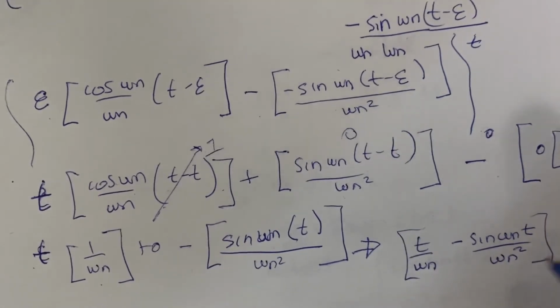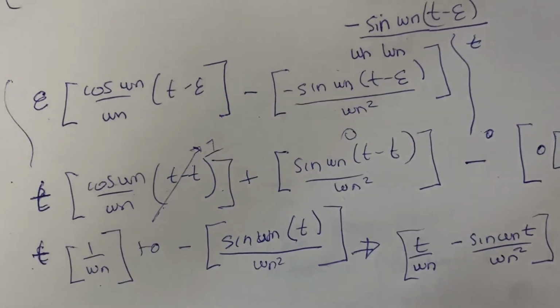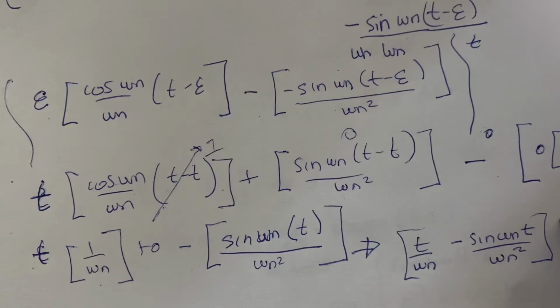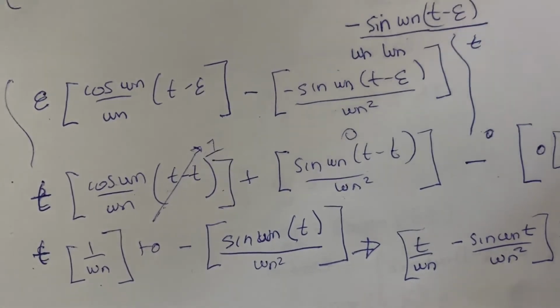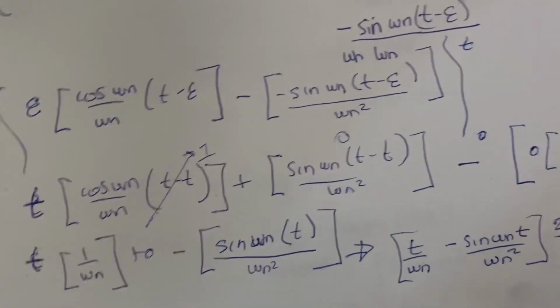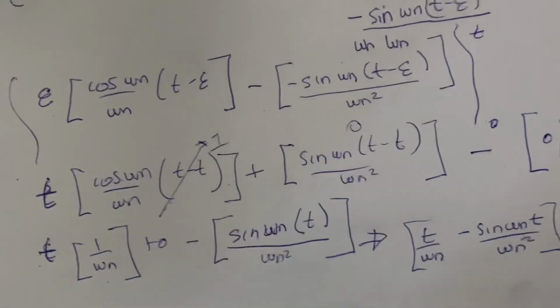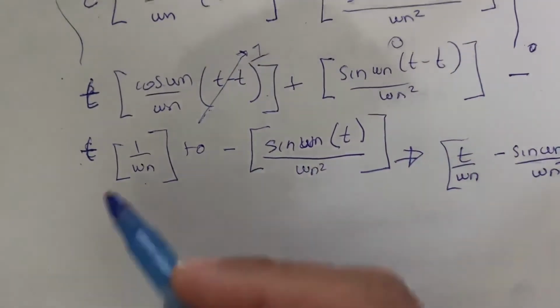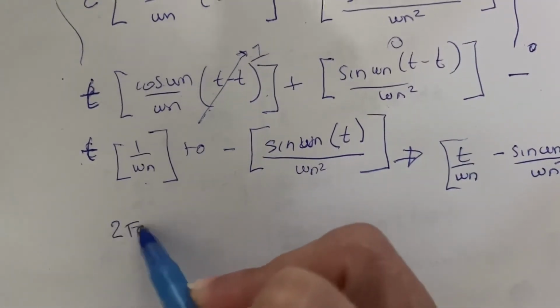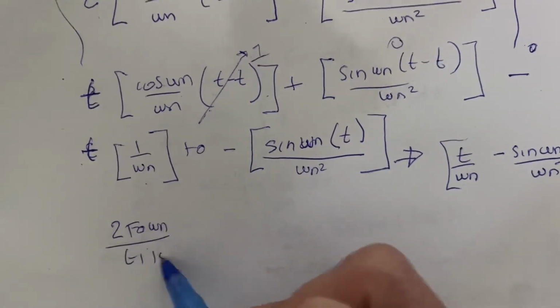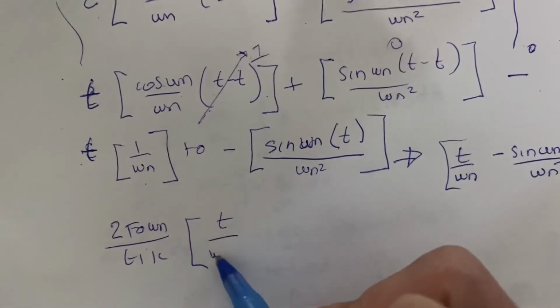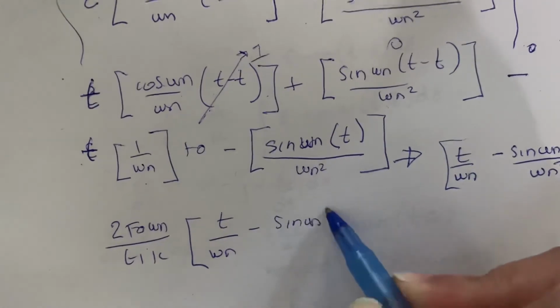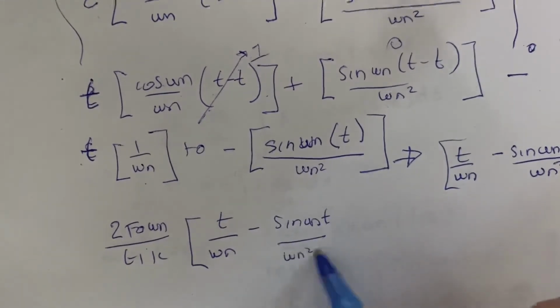And all of this we need to multiply now by the constant that we took out of the integral, which is 2f0 wn over t1 k. Now let's do this multiplication here. And we're going to get something of the form down here. So let me just rewrite this down here. 2f0 wn over t1 k multiplied by t over wn minus sine wn t over wn squared.